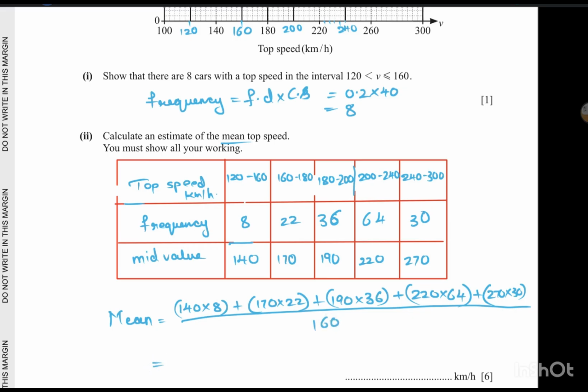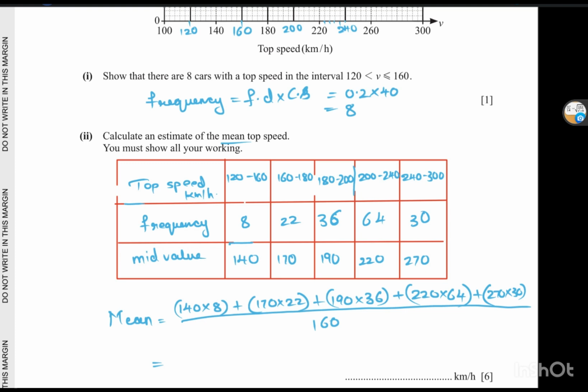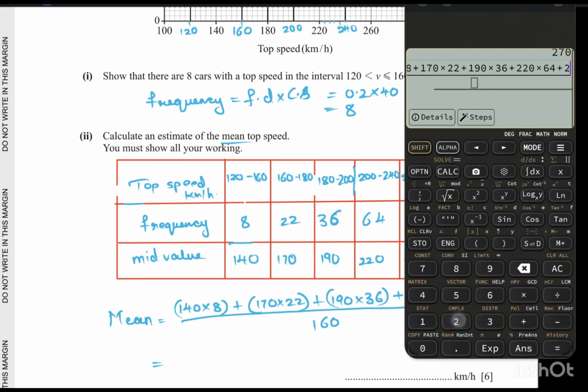Using the calculator, 140 into 8 plus 170 into 22 plus 190 into 36 plus 220 into 64 plus 270 into 30, by 160.